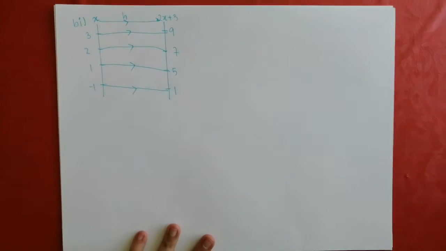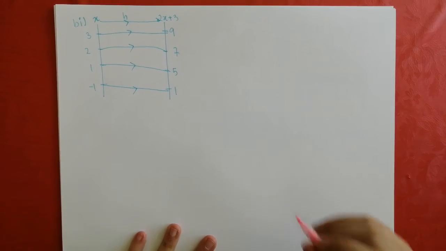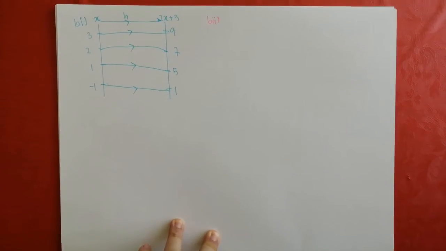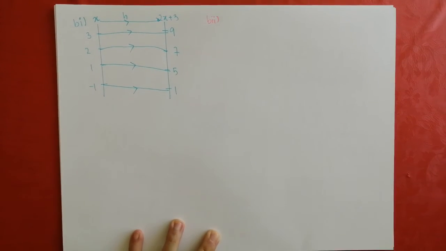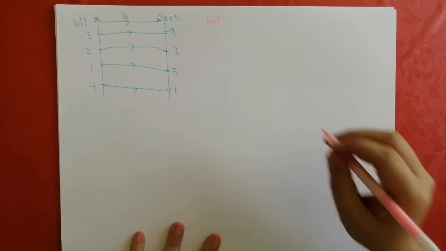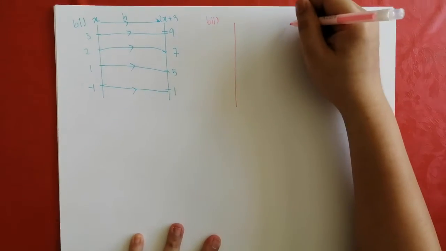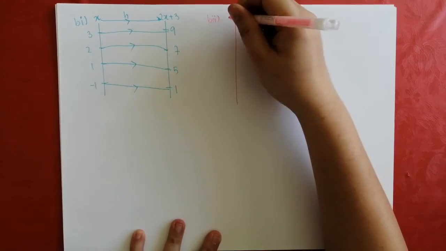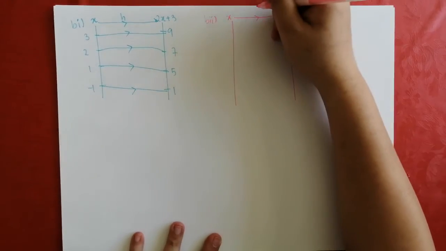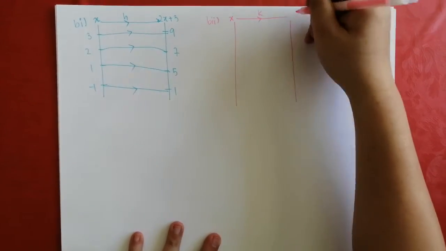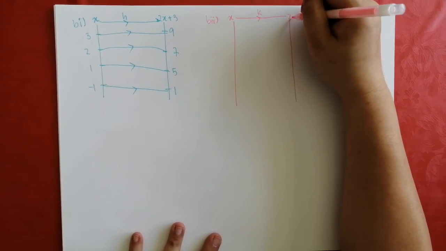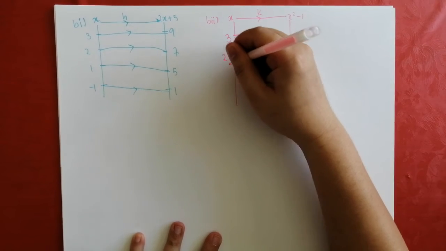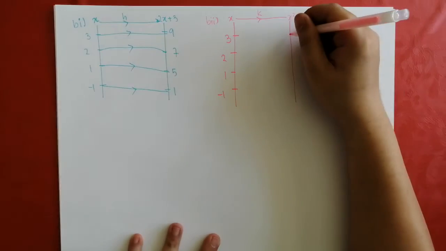Same thing goes to the next function for B part 2. We need to draw the arrow diagram for function k. So domain x is mapped with function k, and then you have the function x squared minus 1. Domain is 3, 2, 1, and negative 1.